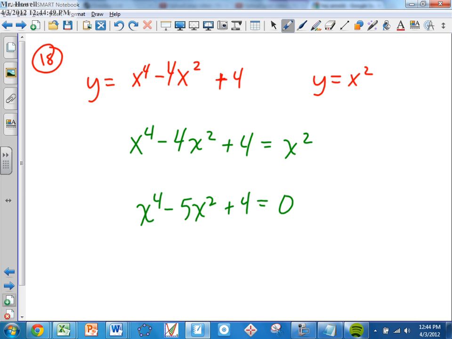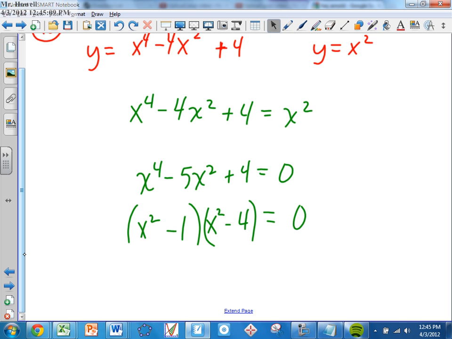Think about it as a quadratic if you were to factor. What numbers multiply to give you 4 and add up to -5? 4 and 1. Yes, very good. 4 and 1, both negative. Now, since it's x to the 4th, though, it means I need what here? And what are these both examples of, if I can factor further here? Difference. Very good, difference of squares.